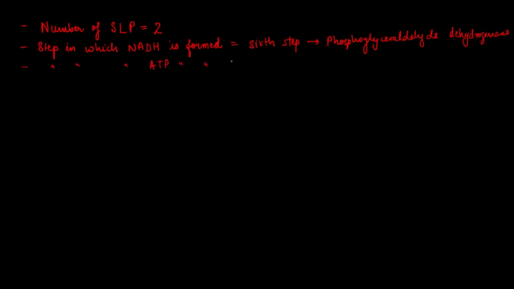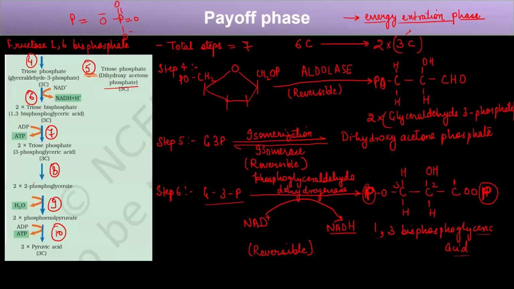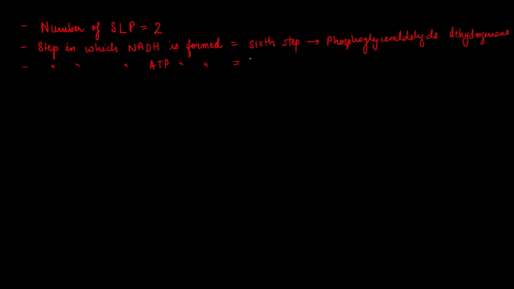If you see, one ATP is formed here at the 7th step, then the ATP is formed at the 10th step, right? So the steps in which ATP is formed are the 7th and 10th steps. Now we can see both are kinase enzymes, but depending on the substrate, the name of the kinase varies.